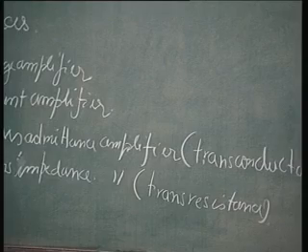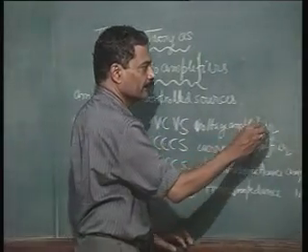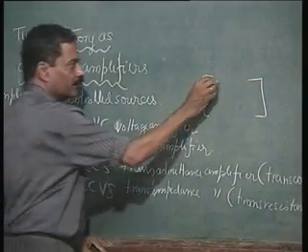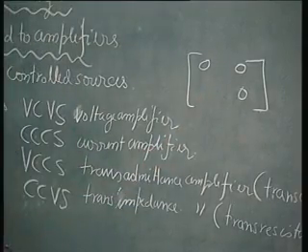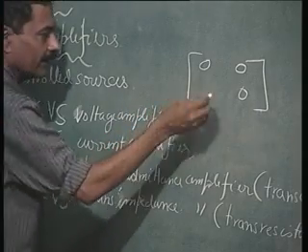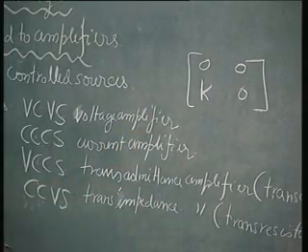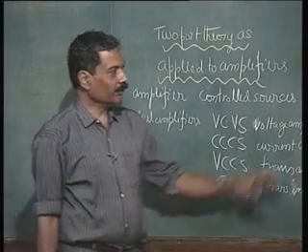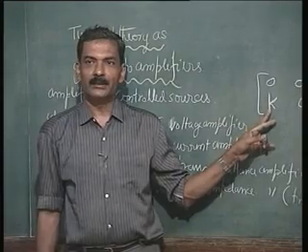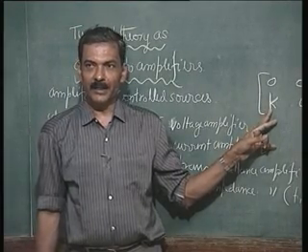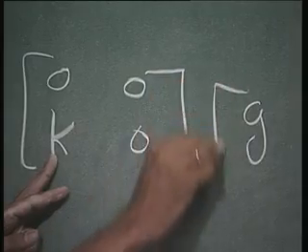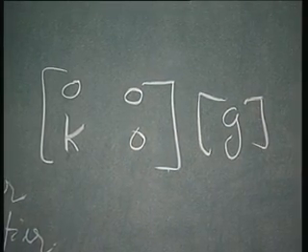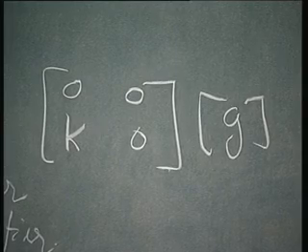Then we said an ideal voltage amplifier has a matrix representation which is 0, 0, 0, whatever it is, and has a voltage ratio which is K, something like that. So obviously this voltage ratio comes only as a basic definition in the G matrix. So the G parameter is the only parameter which can represent a voltage amplifier.